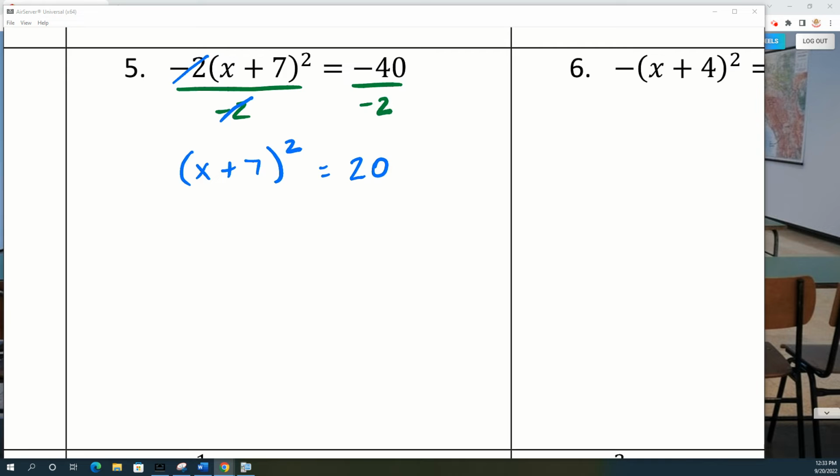Okay. So once there's nothing outside of my parentheses besides the square, we can do the square root of both sides. So that'll cancel that out.